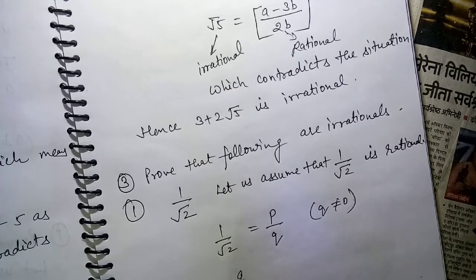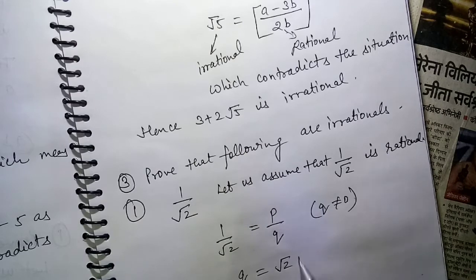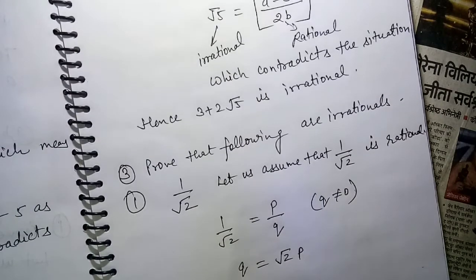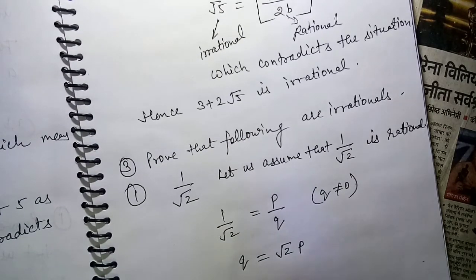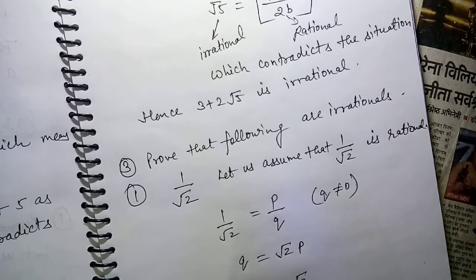So q equal to root 2 p. So q upon p equal to root 2. Now this is clearly rational and this is clearly irrational.